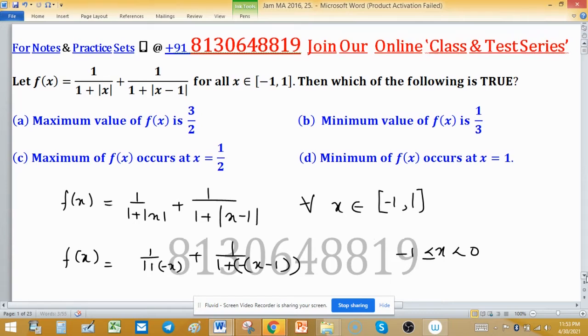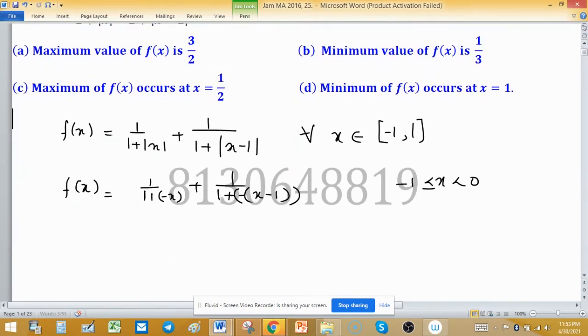For a negative value, x is negative, so the absolute value is minus x. I can write 1 upon 1 minus x plus 1 upon 2 minus x. This is for negative x.